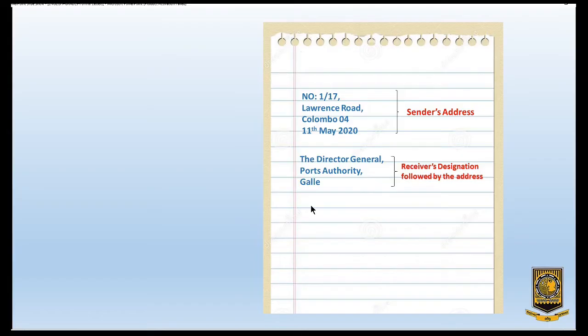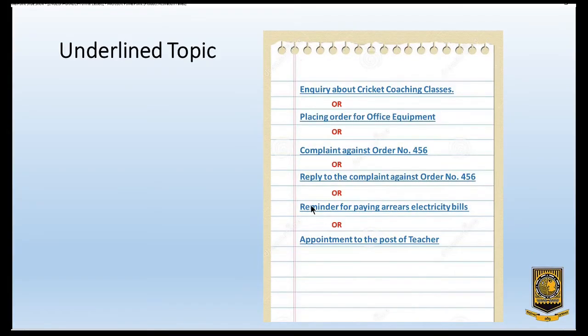Okay. After that, you have to put a suitable topic. As I have told you earlier, it depends on the purpose of the letter. If you are complaining, the letter should be about the complaint. See this one: Complaint against order number 456. They are going to complain.